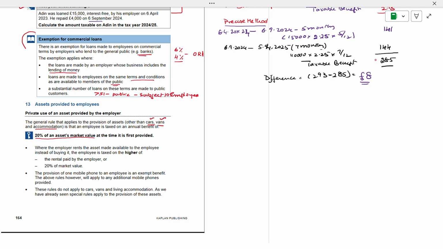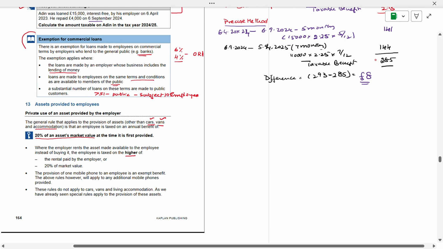What if the employer rents the asset and makes it available to the employee instead of buying it? The employee is taxed at the higher of the two. The conditions are very, very micro.